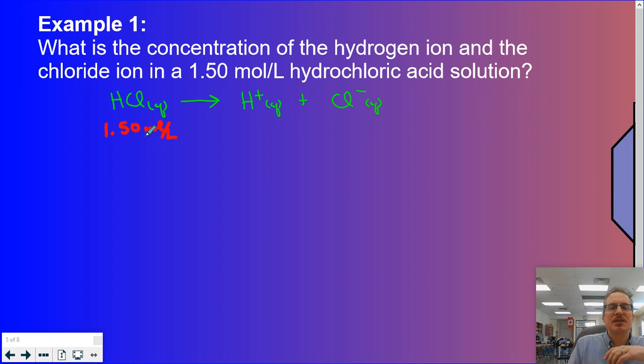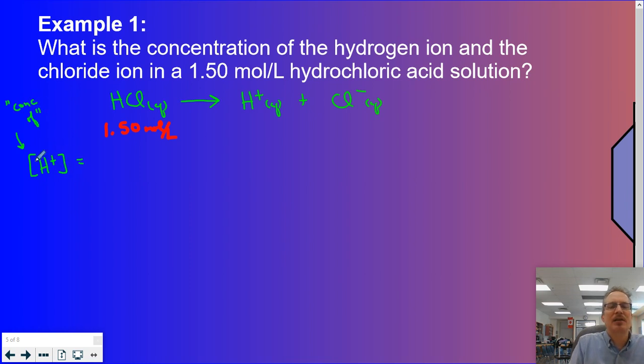So what we said was, if we know the concentration of one substance, and it can be any of these three substances, if we know the concentration of one, we can find the concentration of any or all the rest of these substances, like these two ions. So I would like to find the concentration of hydrogen ions first. Now, in chemistry, when I use a set of square brackets, this means concentration of.